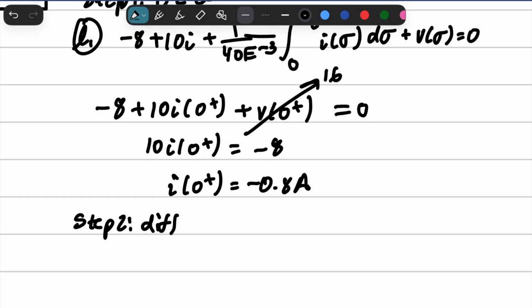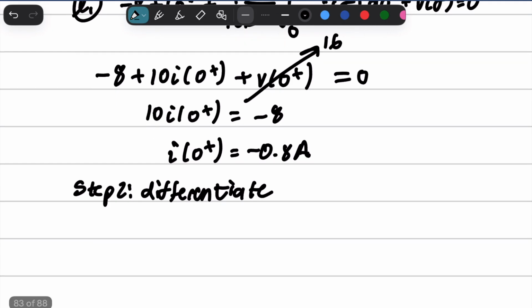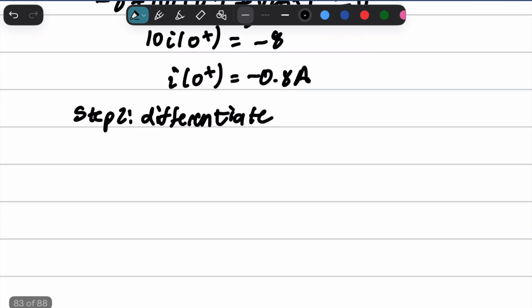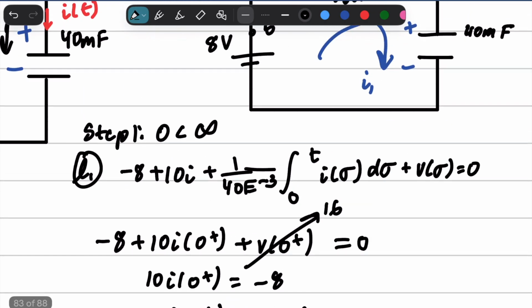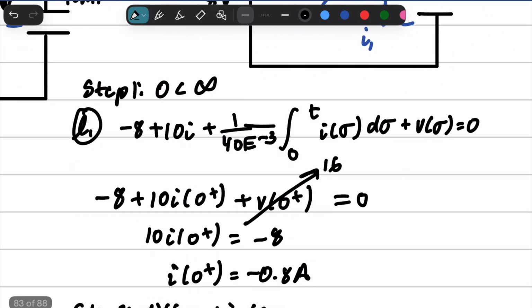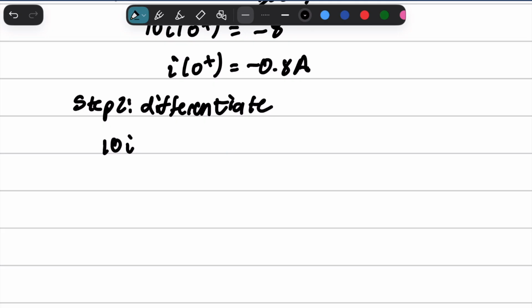Step 2 is differentiate. We now have all the components to actually solve for this differential equation. What I'm going to go ahead and do is differentiate: 10I prime plus 1 over 40e negative 3, and that whole integral just becomes I, is equal to 0.